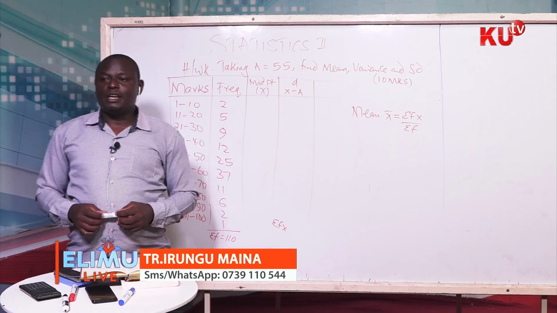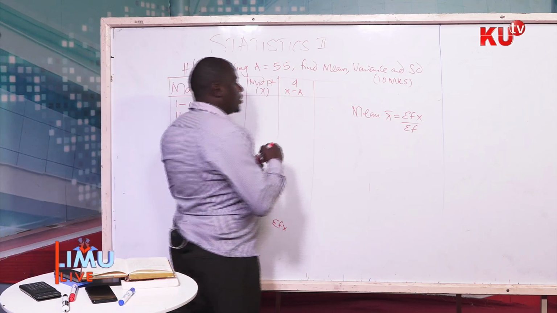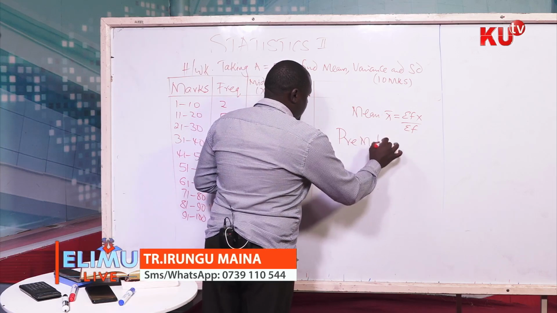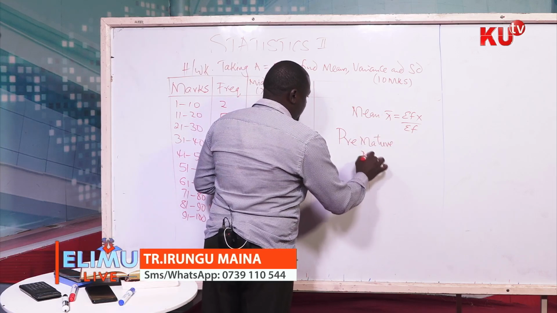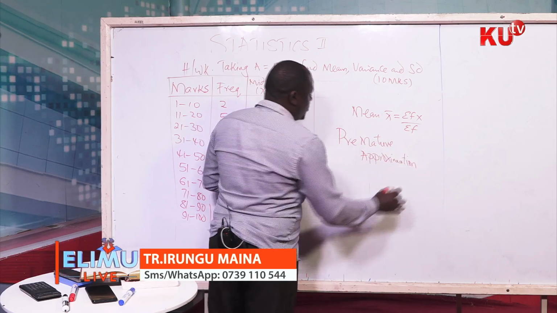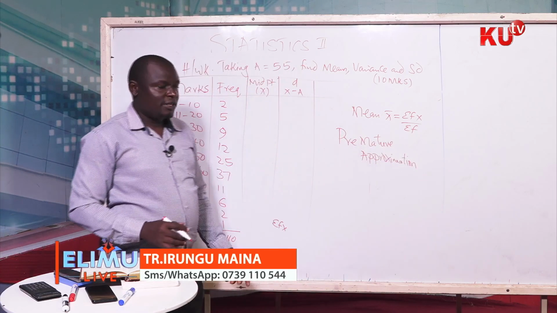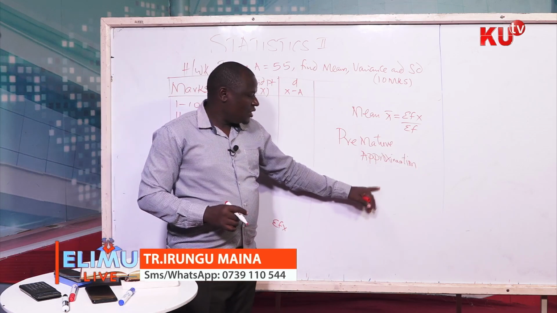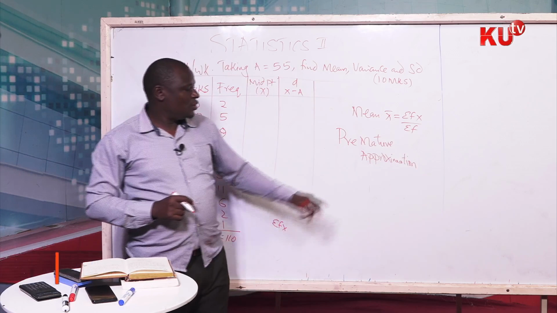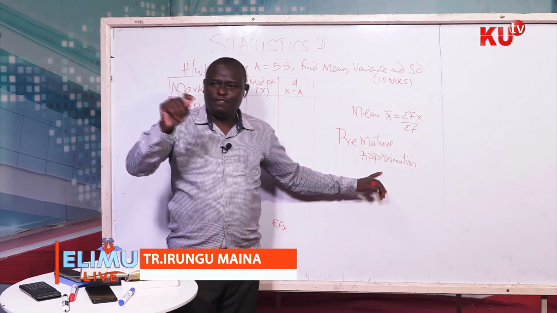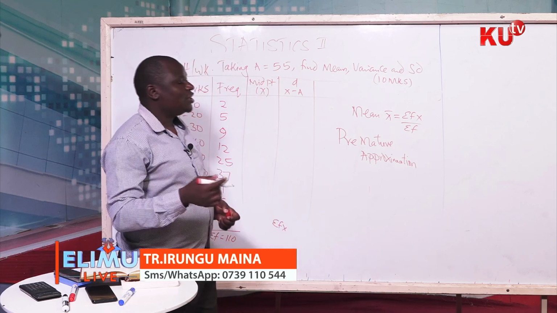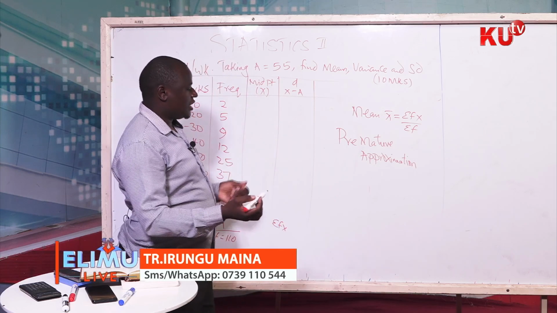Most of our students end up doing what we call premature approximation, and they are approximating in the columns. You should not round off your answer until the very final answer. That's what we are insisting, so that you don't lose your marks carelessly.